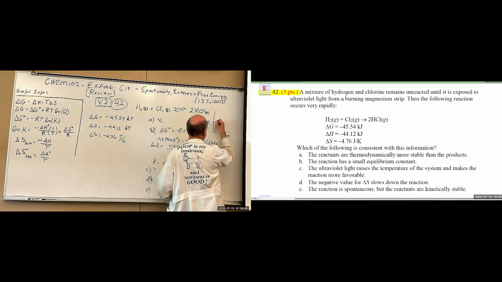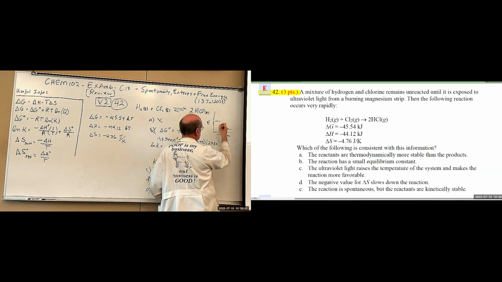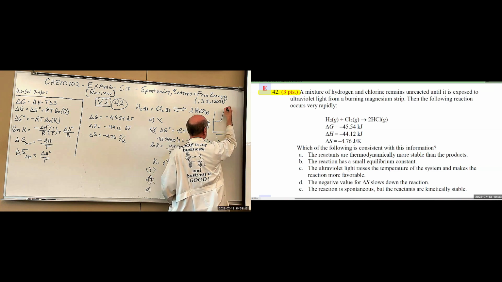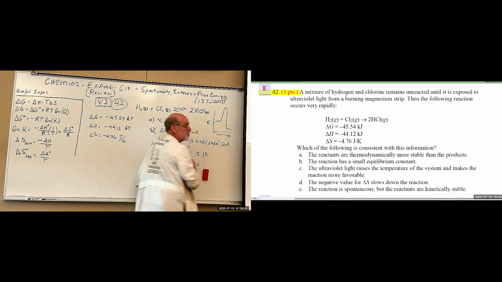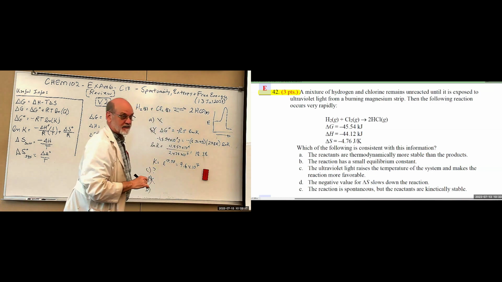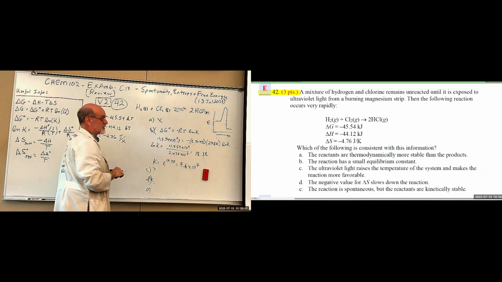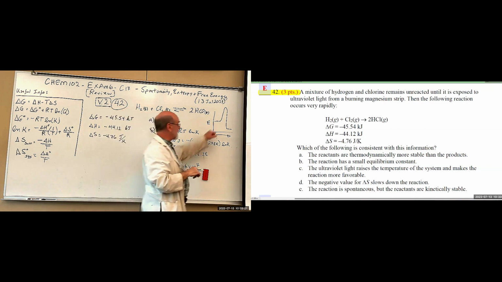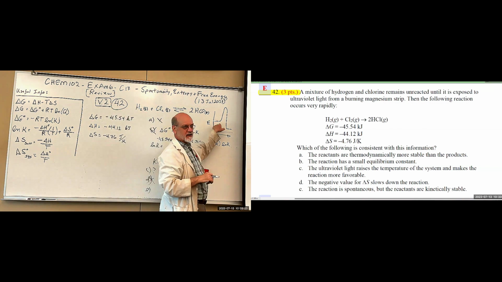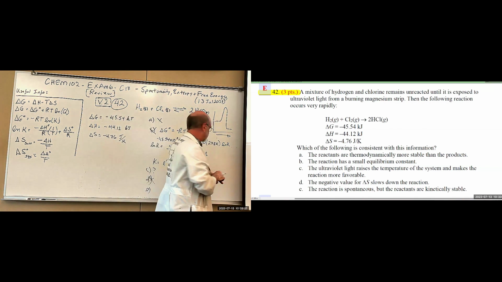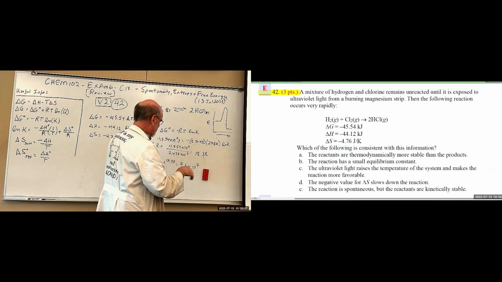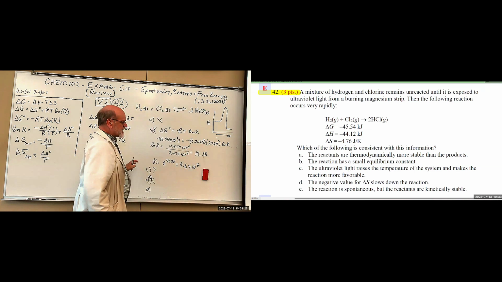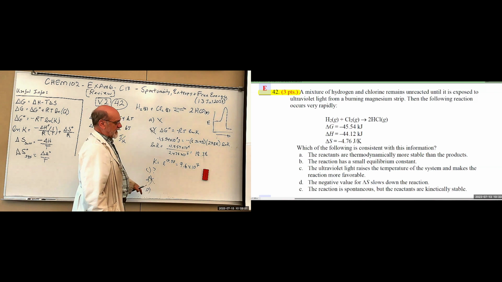So it'd be like this, here, here. But this would be a huge activation energy. That means it's kinetically stable. It's going to stay here unless we pump it with some energy to get it over that hump. Okay, so C is questionable, but E is the better answer.